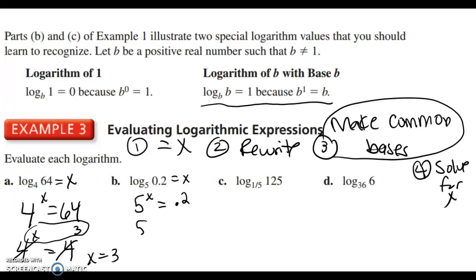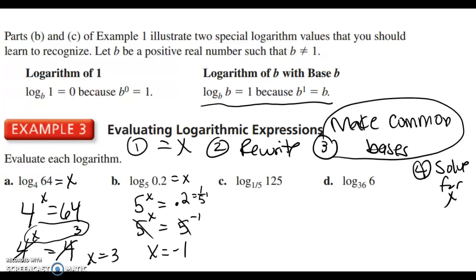Make common bases. So let's use a common base of 5. 0.2 really is 1/5, and we can bring that 5 up, but the power will become negative. And now that we have common bases, we can drop, and we'll see that x equals -1.